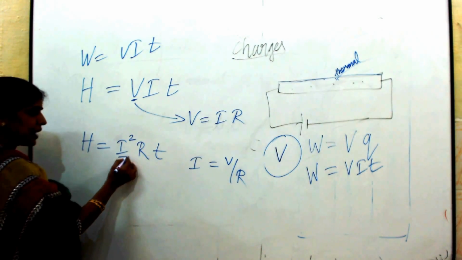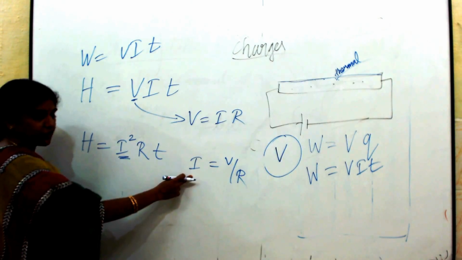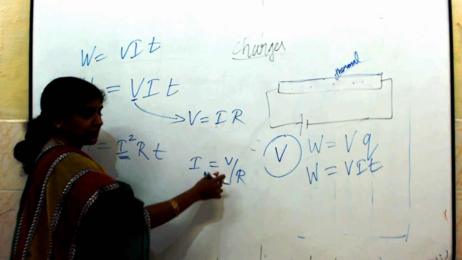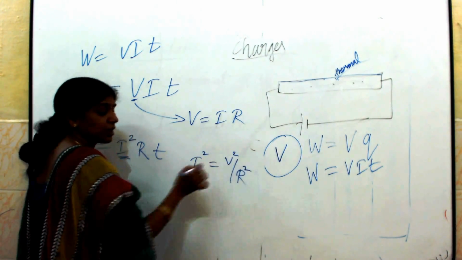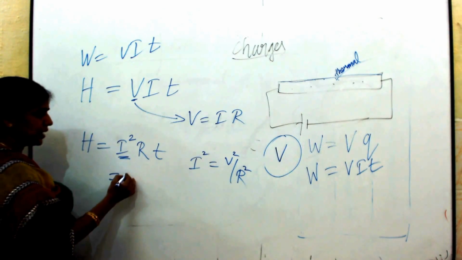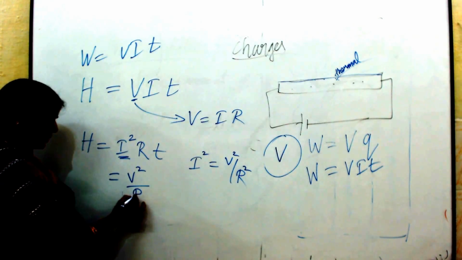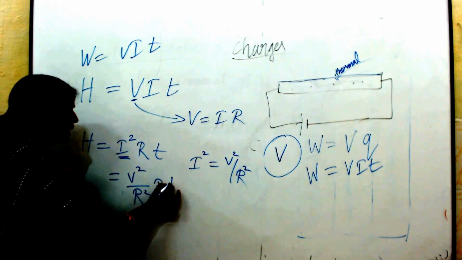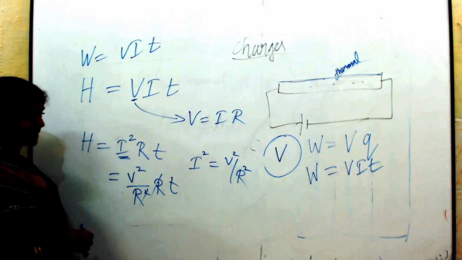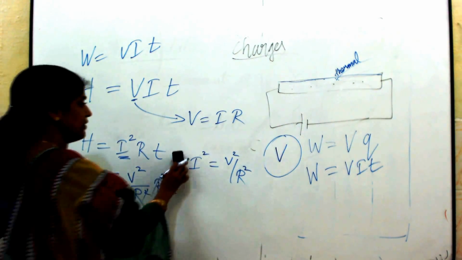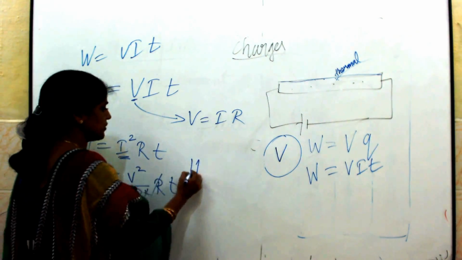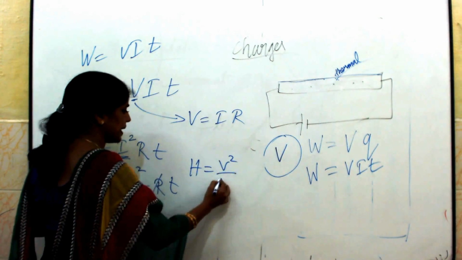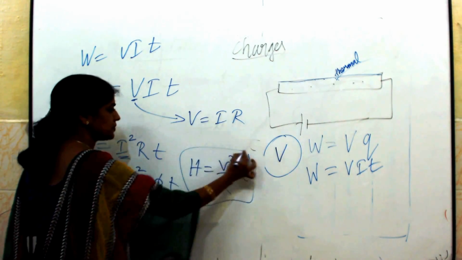Here in the place of I square, if I substitute I equal to V by R, it is V square by R square. What happens here? V square by R square into RT. One R gets cancelled. Here I will be getting H is equal to V square by R into T.